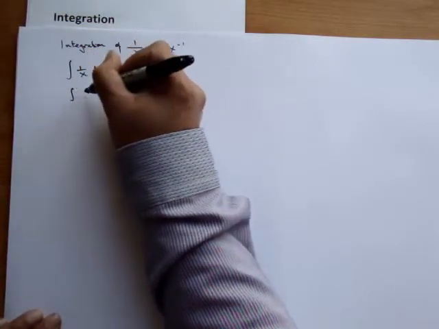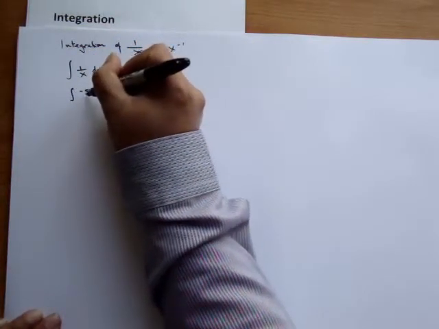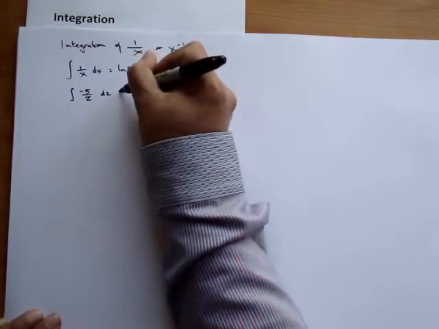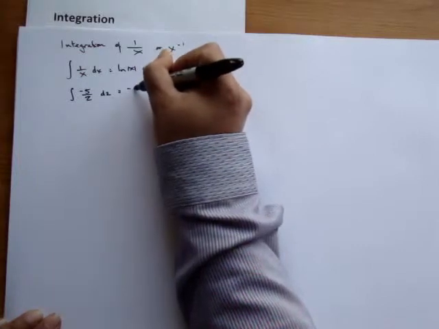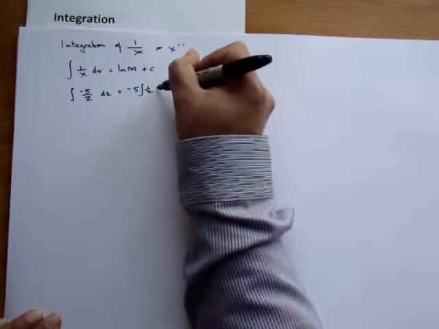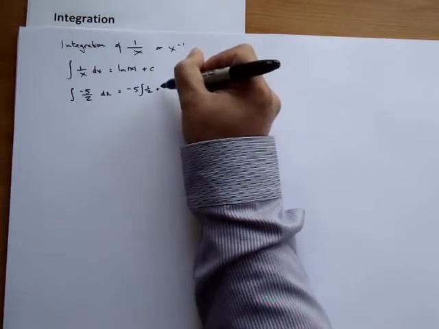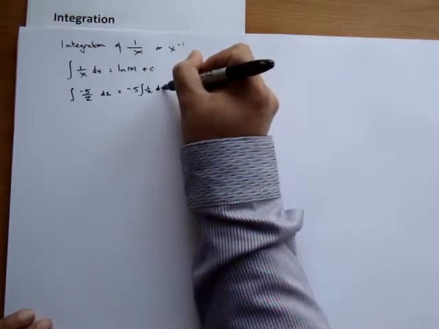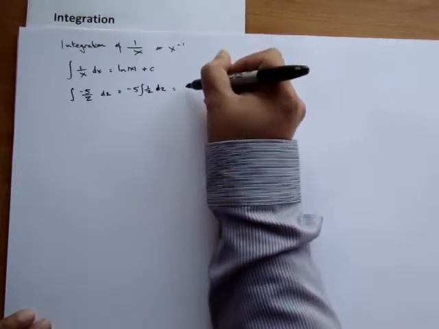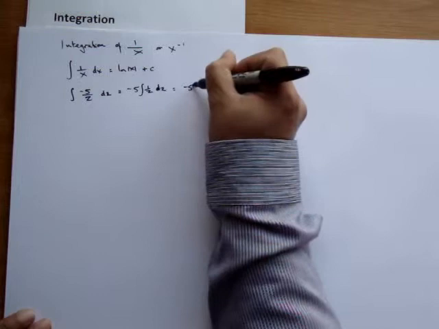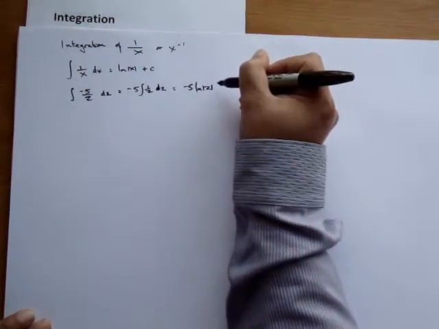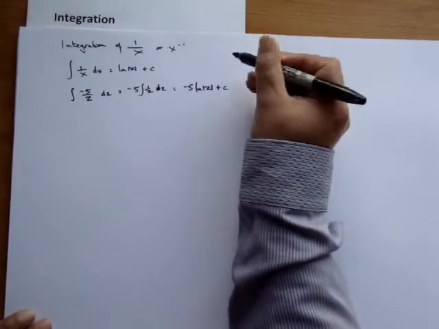So the integral of minus 5 over z dz becomes minus 5 integral of 1 over z dz, and when we integrate this we get minus 5 natural log of the absolute value of z plus c.